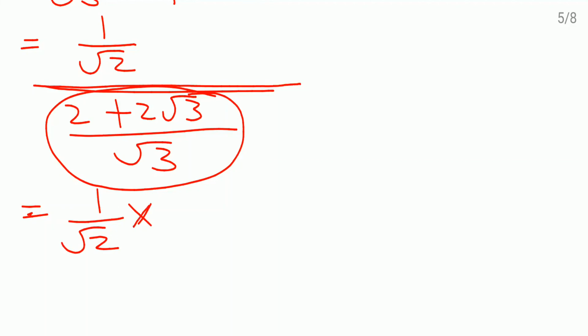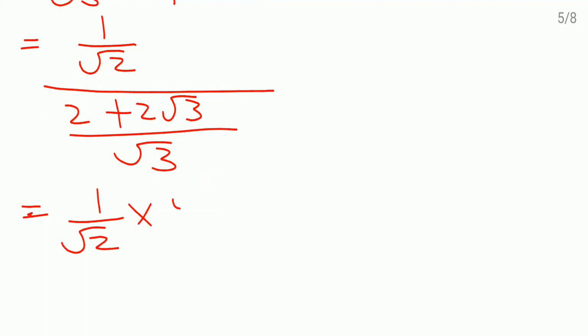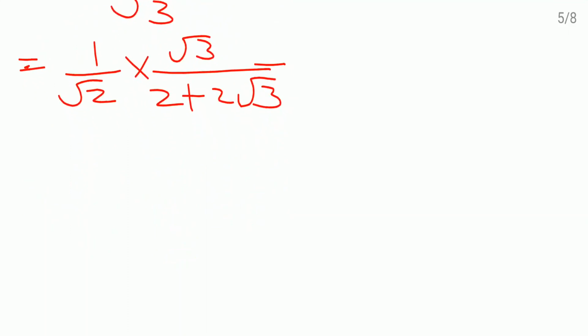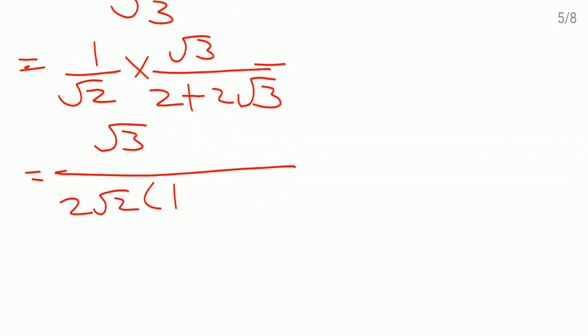So I am writing here multiplication sign, and here I will write down root 3 divided by 2 plus 2 root 3. Here one thing I can do, I can take this 2 as common, right? So here in the next step I will write down root 3 divided by 2 times root 2 in the bracket 1 plus root 3.